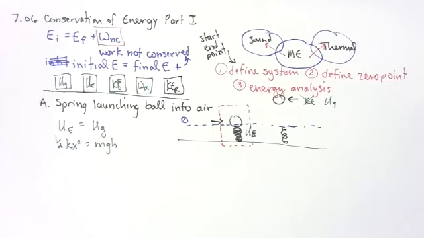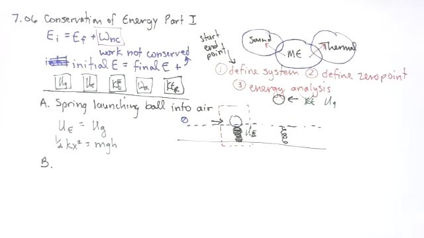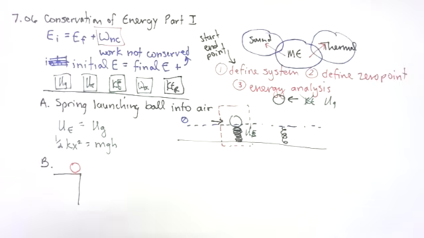Let's go on. Let's look at scenario 2. Let's do a letter B. And let's do a cliff. And let's do a ball on the cliff. And we're going to ignore air resistance.